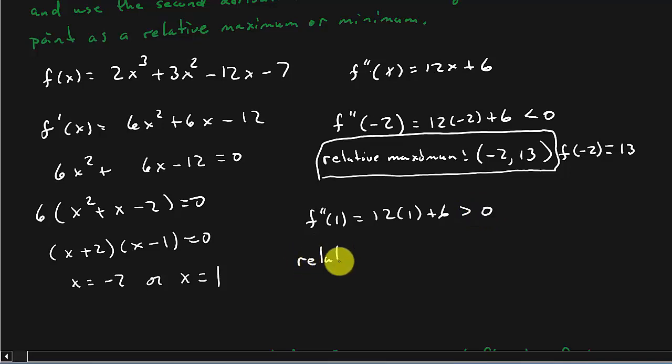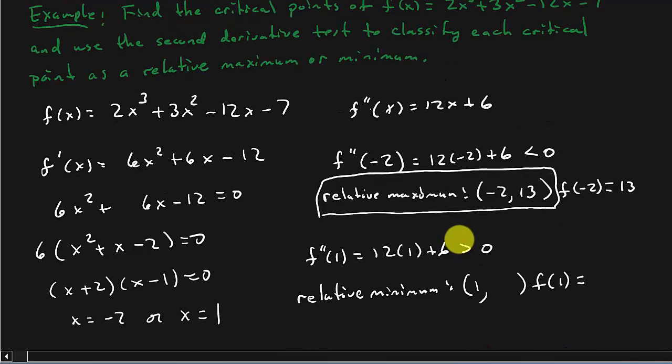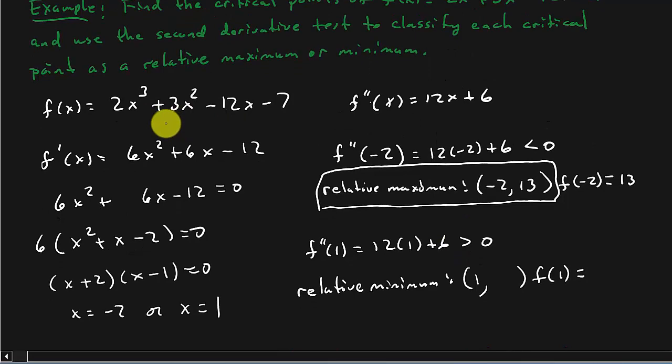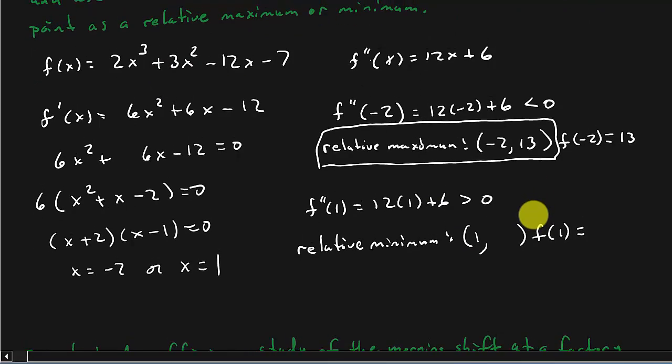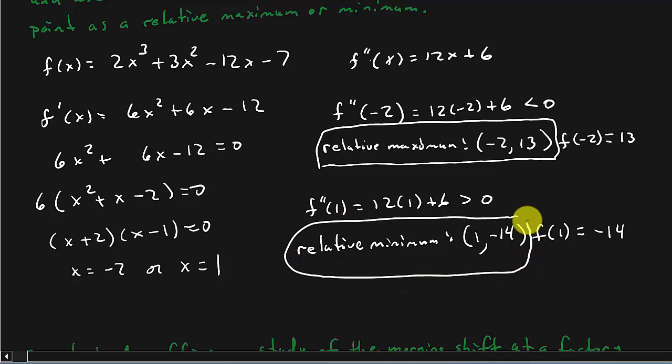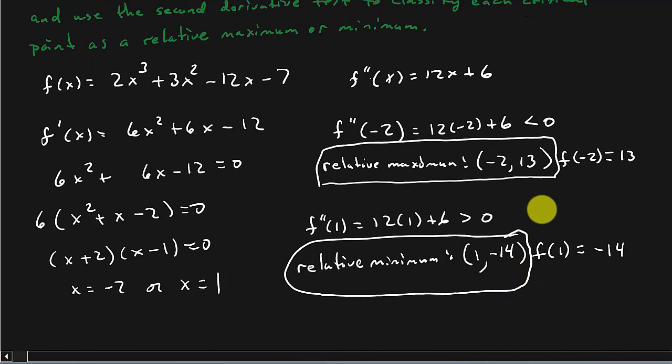So that means we have a relative minimum at 1. And we need the y coordinate, so we take the 1 and plug it back into the original, and that is equal to negative 14. And so there's your relative max and min. All right.